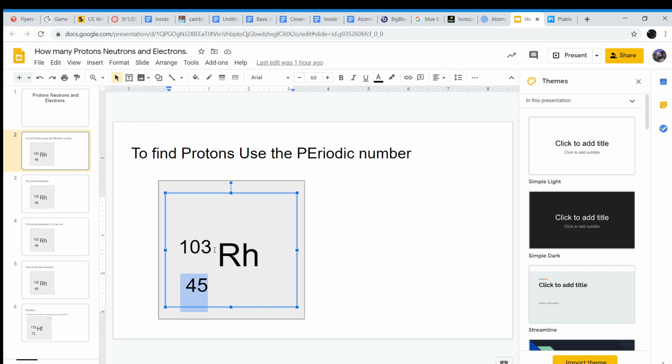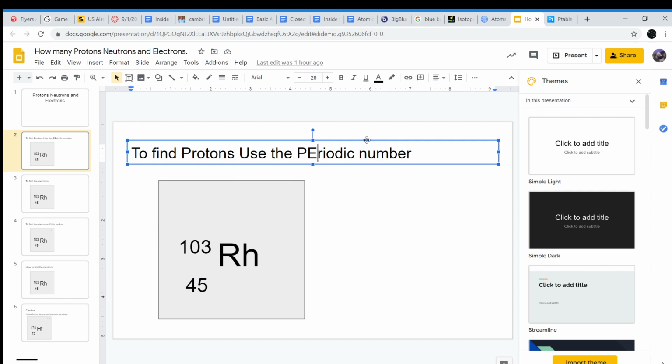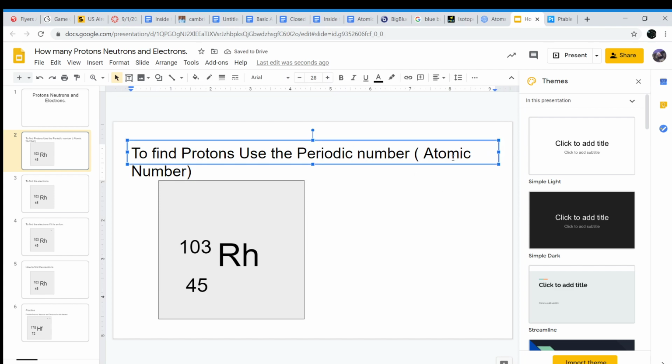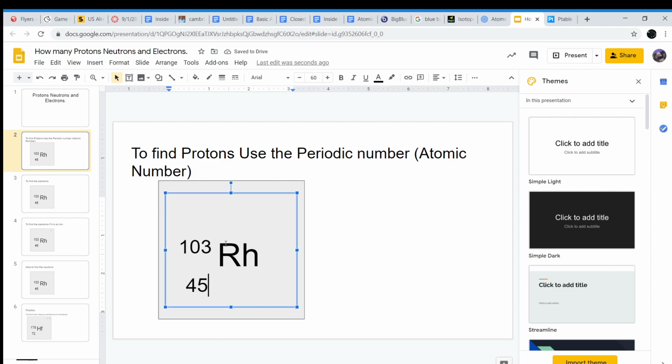This number right here is called our periodic number, or our atomic number. In most scientific communities, they consider it the atomic number. And this number here is our mass number.